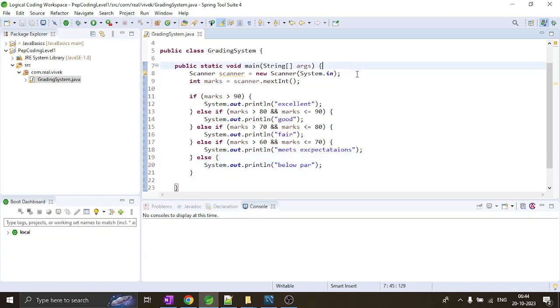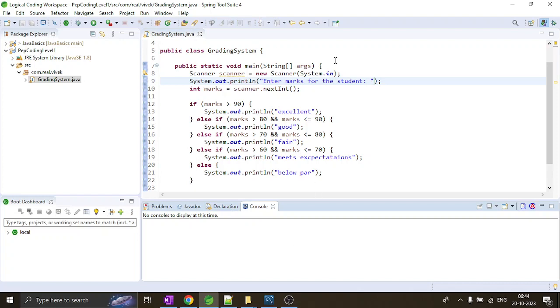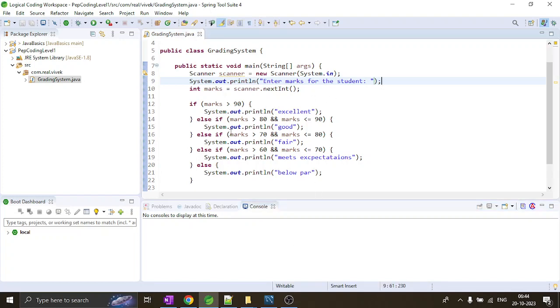So let's give an input statement here first. How will you come to know what we have to input? Enter marks. So we'll enter the marks as soon as we see the statement.